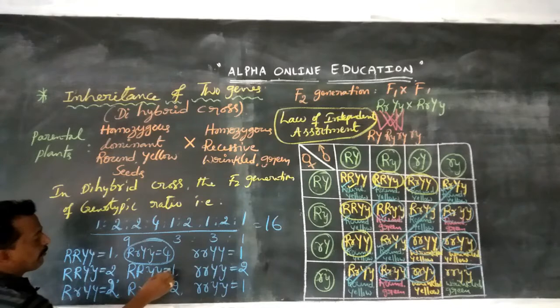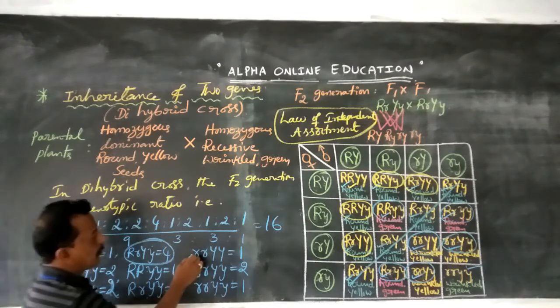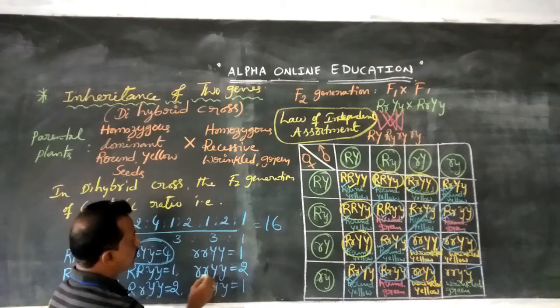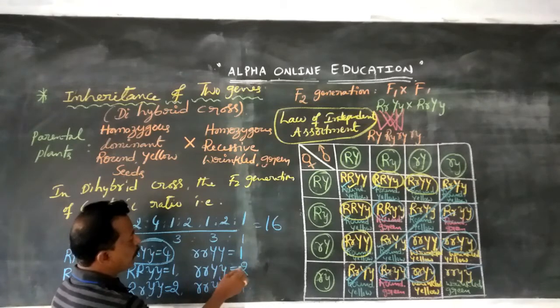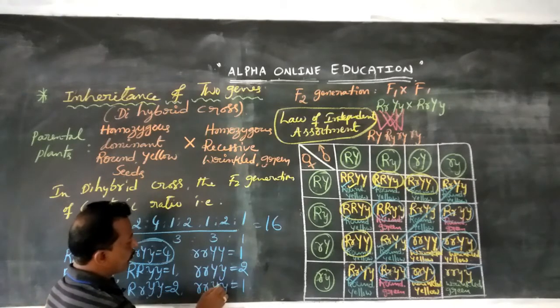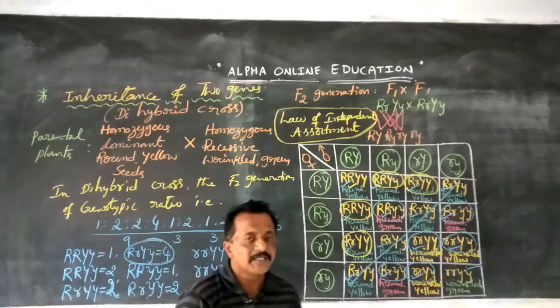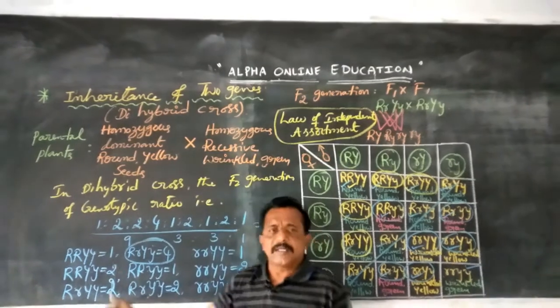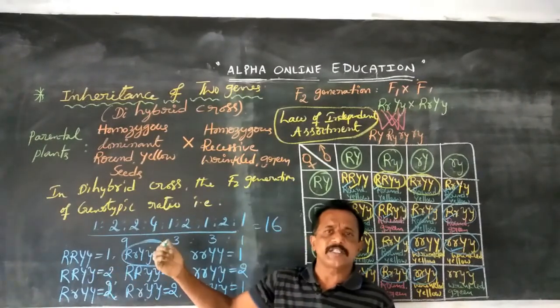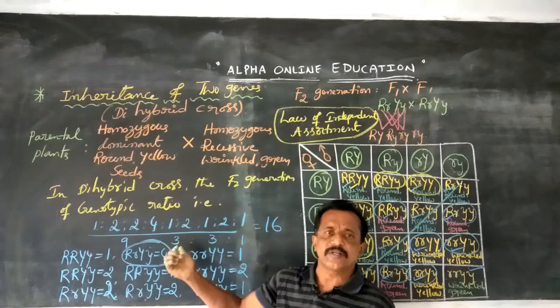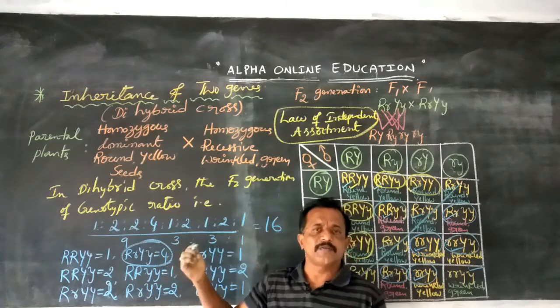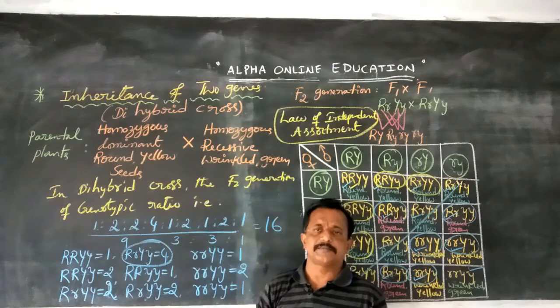Capital R capital R small y small y, only 1. Capital R small r small y small y, only 2. Small r small r capital Y capital Y, only 1. Small r small r capital Y small y, only 2. Small r small r small y small y, only 1. This is the dihybrid cross F2 generation genotypic ratio, that is 1:2:2:4:1:2:1:2:1.